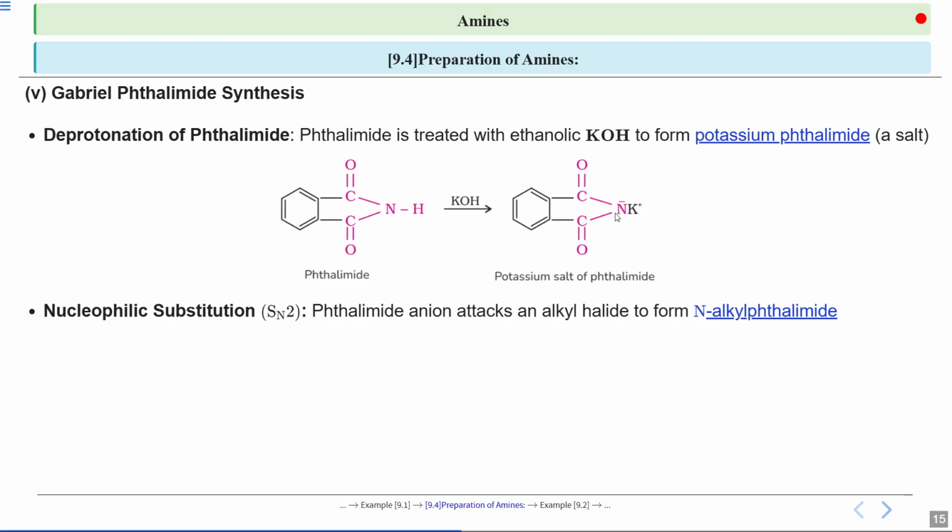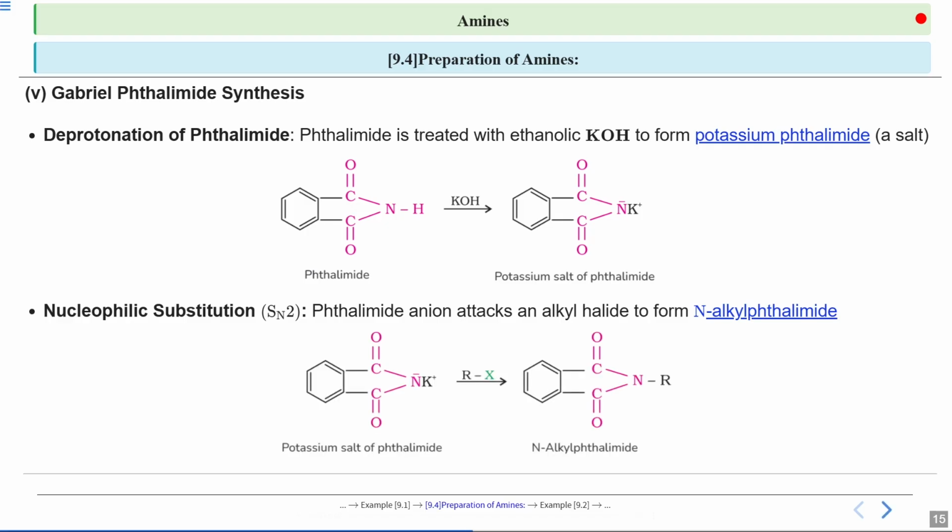So this is a one-step process where the nucleophile and alkyl halide collide and the leaving group departs at the same time. You can see over here, this is the potassium salt of phthalimide. When it reacts with RX, which is an alkyl halide, it forms an alkyl phthalimide.